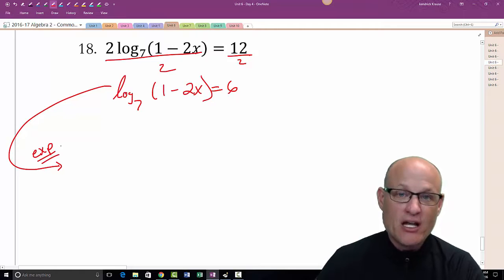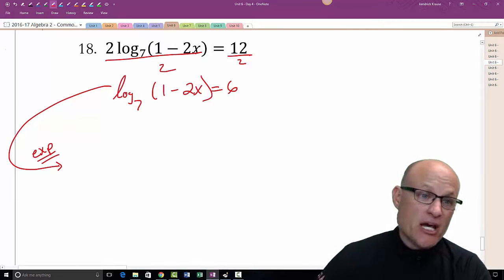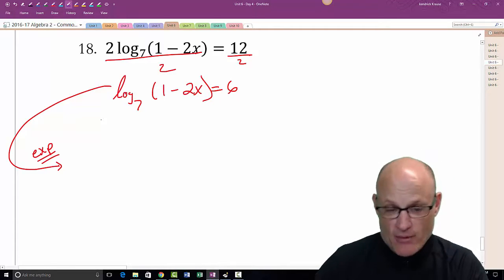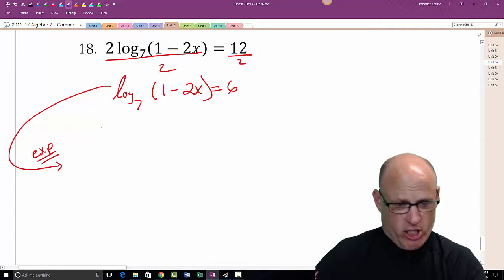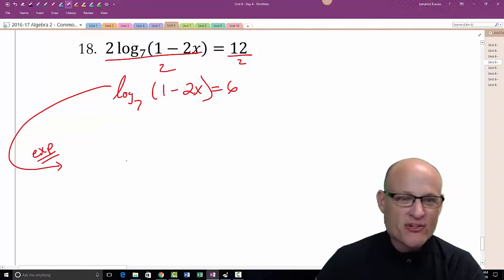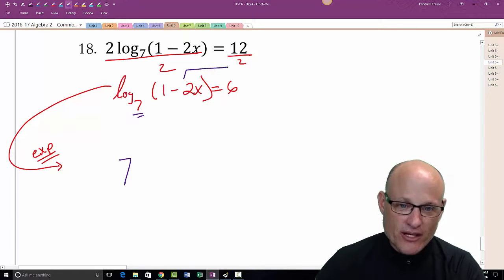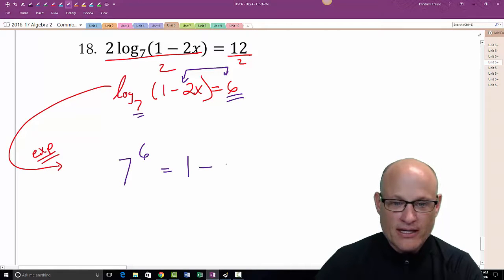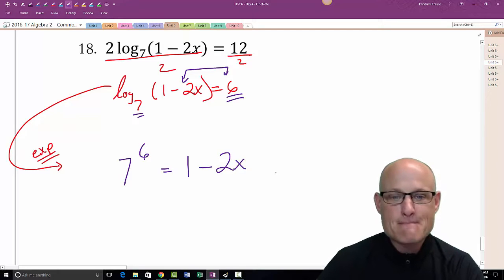And you have to sing the song. It's all about that base. So, base is 7. So 7, now these two things switch sides. This is now my exponent. So 7 to the 6 is equal to 1 minus 2x.